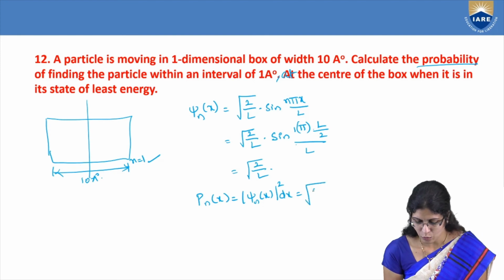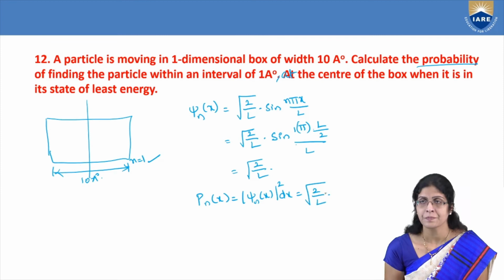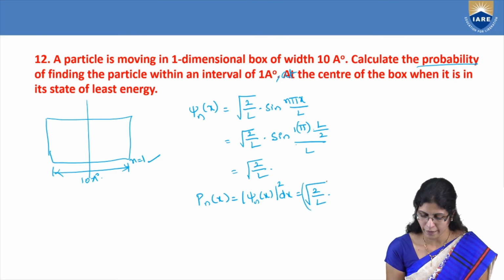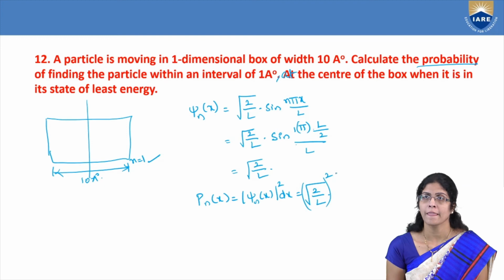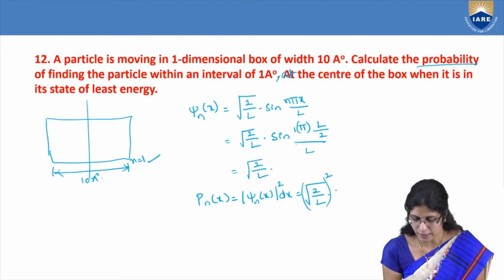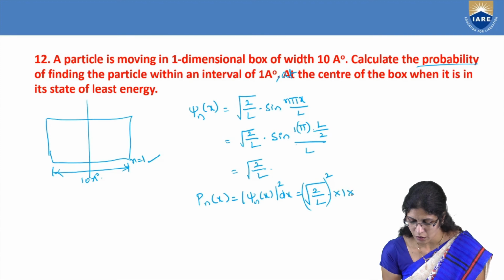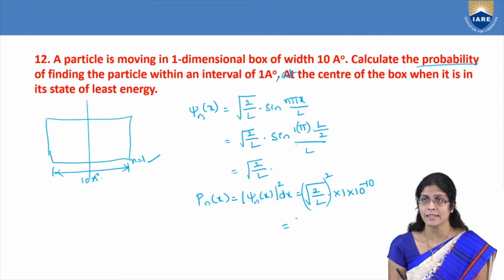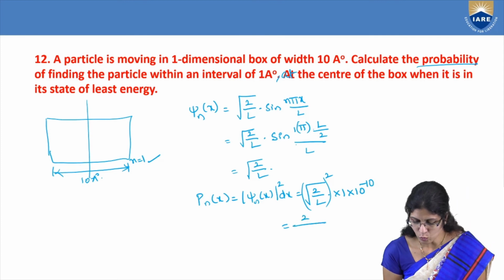It is under root of 2 by L, square, okay, dx. So dx is what now? 1 angstrom. 1 angstrom means what? 1 into 10 to the power of minus 10. Why don't I take L also as 10 angstrom here? So 2 by 10 into 10 power minus 10 into 1 into 10 power minus 10.